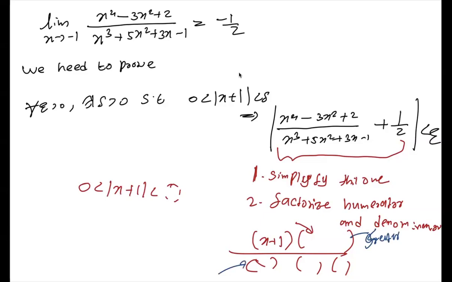And for the items in the denominator, you have to find positive numbers which are less than those factors. So then once you find those, you will end up with some positive constant times x plus 1, and then you have to get your final delta to be epsilon over M, and then you're done.